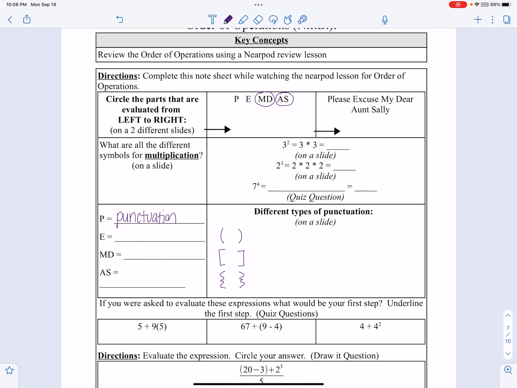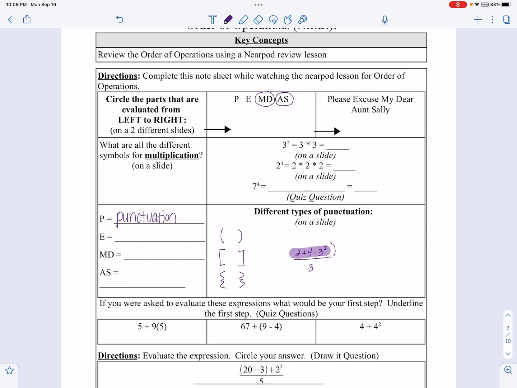You also can look at your vinculum or division symbol as a type of punctuation, in the sense that if we have something like 2 plus 4 times 3 squared, all of the top part actually does need done first before you then do the division by 3.